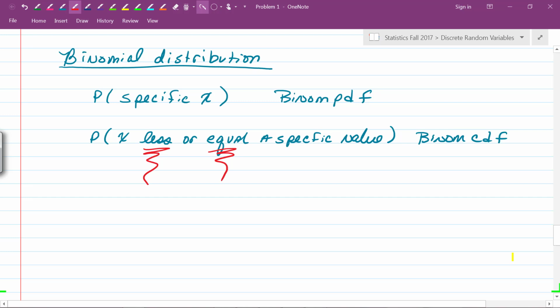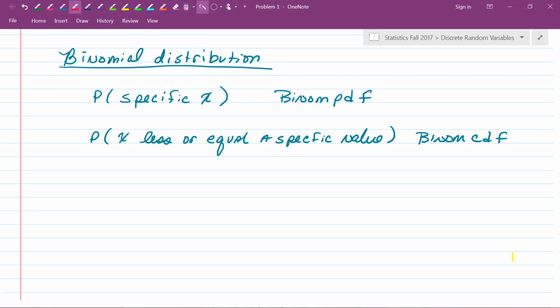Cumulative means we start at the lowest point and add all the probabilities up to that specific value, including that specific value, not stopping at the value before.